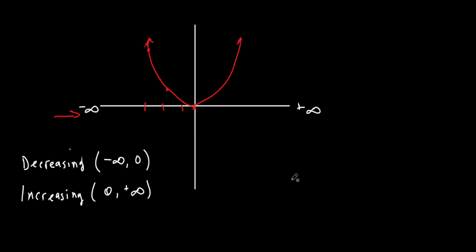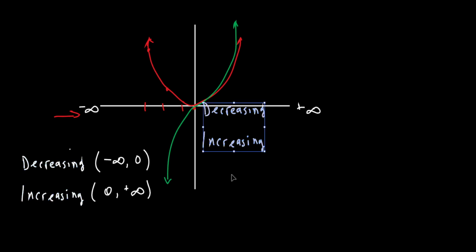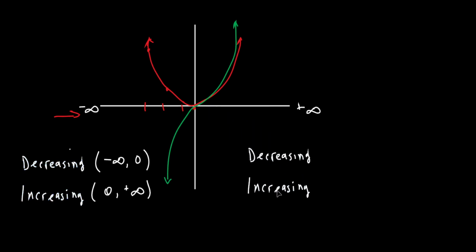All right? What if it was, I'll use the same graph, different color. What if it was a cube function? What if it was going up like this and going down like that? All right. So now let's put an interval, and again we put it as an ordered pair.